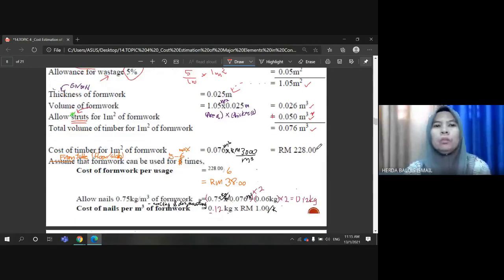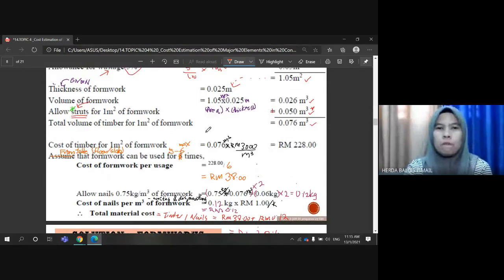So this is the total volume of timber to be used in preparing the slab of 1 meter by 1 meter with the thickness of 0.025 meter.